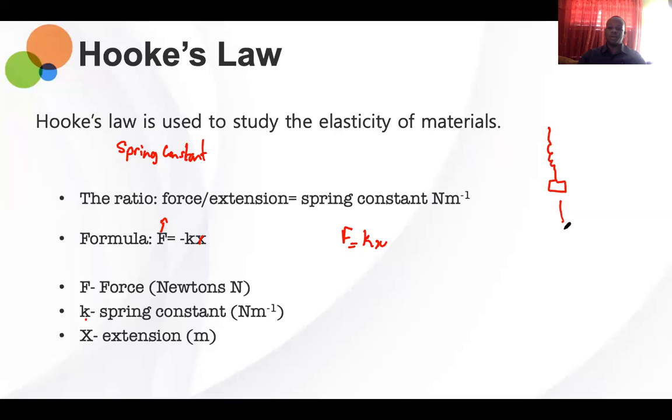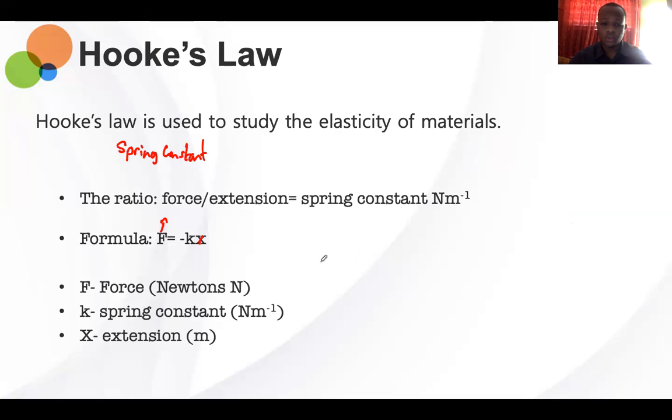So that's why we have a negative sign here, but it doesn't really matter. Whenever it's going down, a negative sign means that the weight is being pulled down. All right. So we understand force. We understand the spring constant and extension. Are we good with this formula here?